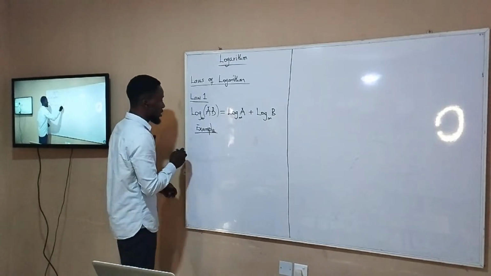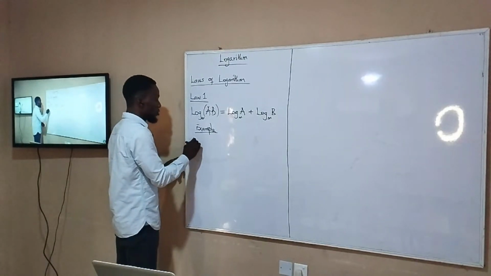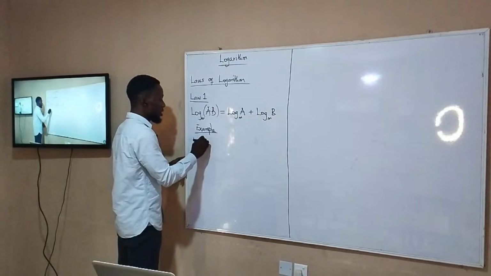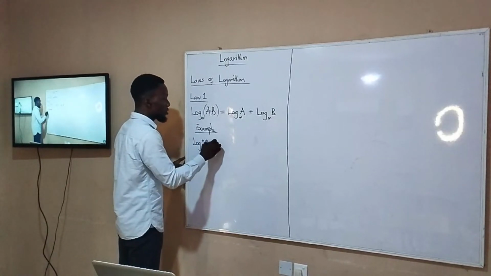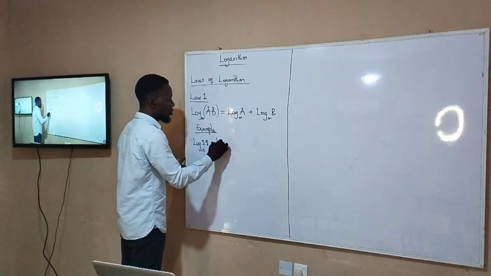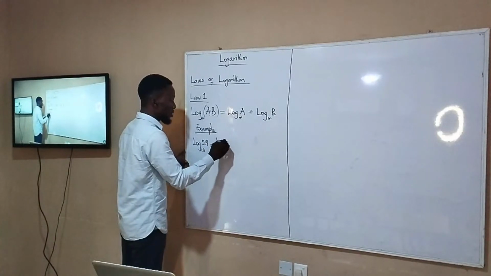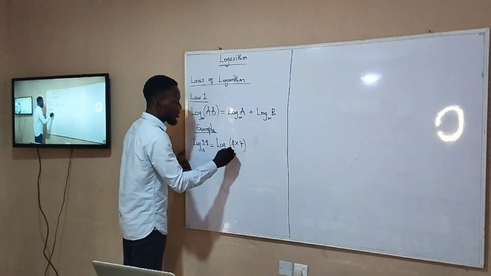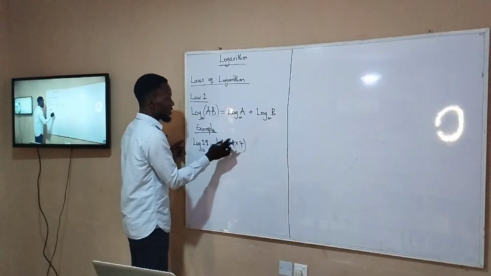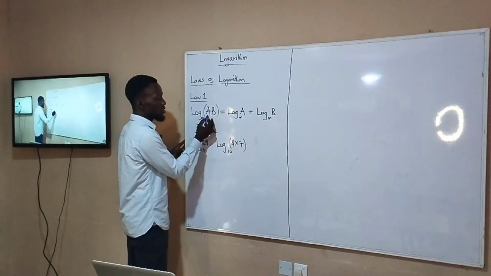An example of that is, are you with me? Let's say we have log 28 base 10. We can break it down. We can write log 28 as 4 times 7 base 10. Since we have log 4 times 7, this is the same as log AB.